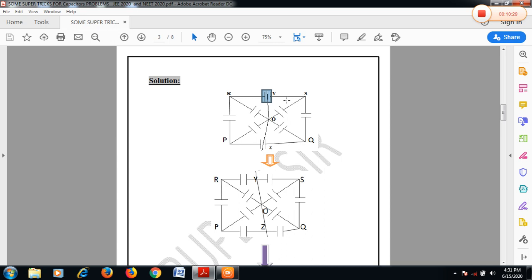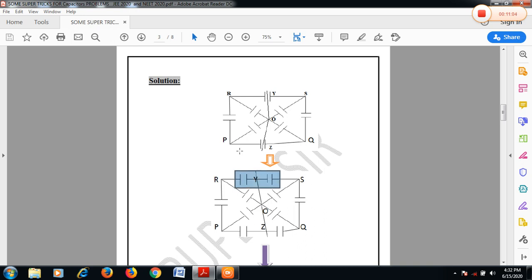Since the capacitance is C, we can segregate it into two capacitors each having capacitance 2C, such that these 2C capacitors in series result in C. This is C, and we have segregated this capacitor across R and S into two 2C capacitors in series.